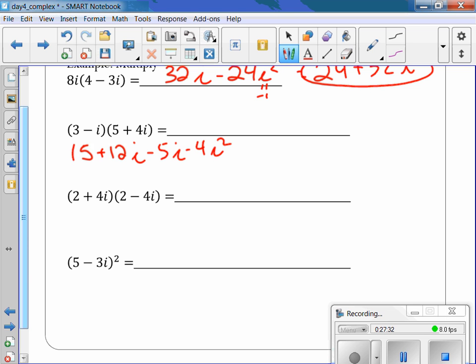Absolutely. i squared being a negative 1, that's a positive 4, along with my 15. So 15 plus 4 gives us a 19. 12i minus 5i gives us a 19 plus 7i. Complicated stuff, right, folks?